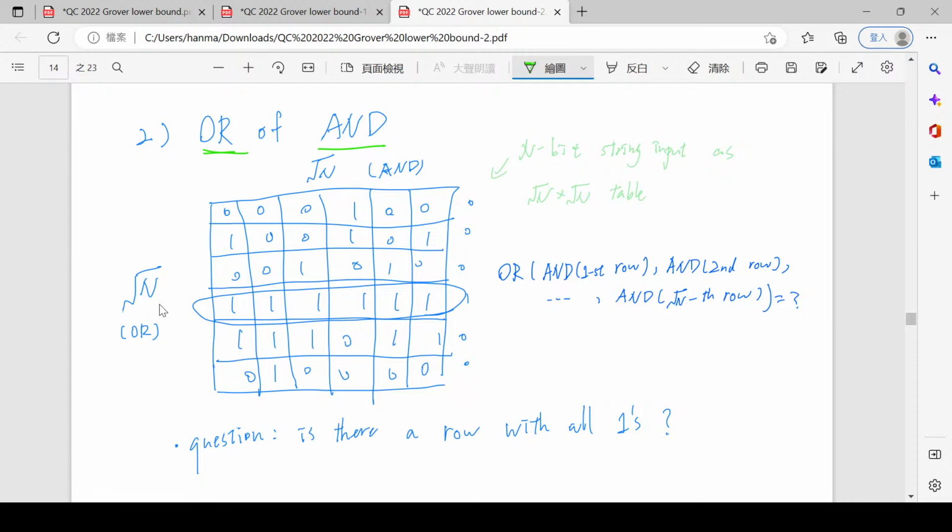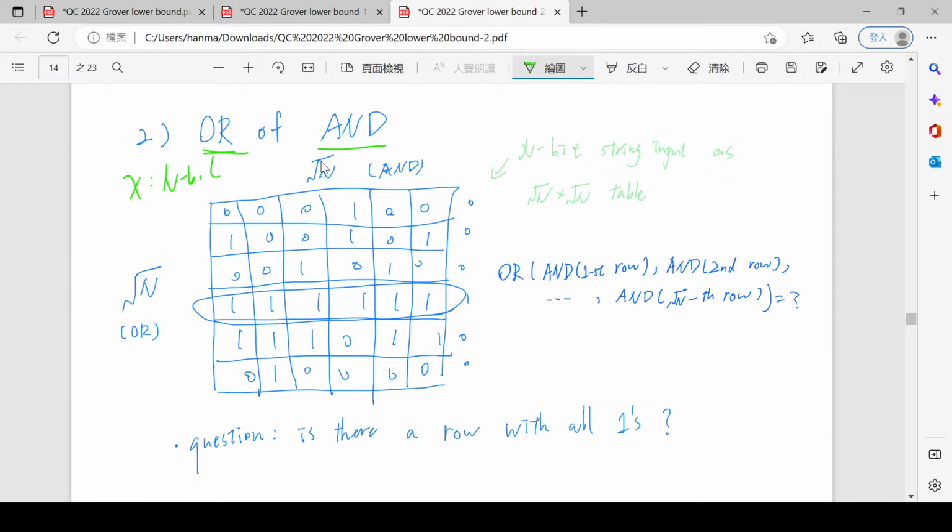So what do we mean by OR of AND? I guess one way to visualize this is in terms of this table. Once again, our input is an n-bit string, X is an n-bit string. And we think our big N is structured very nicely.